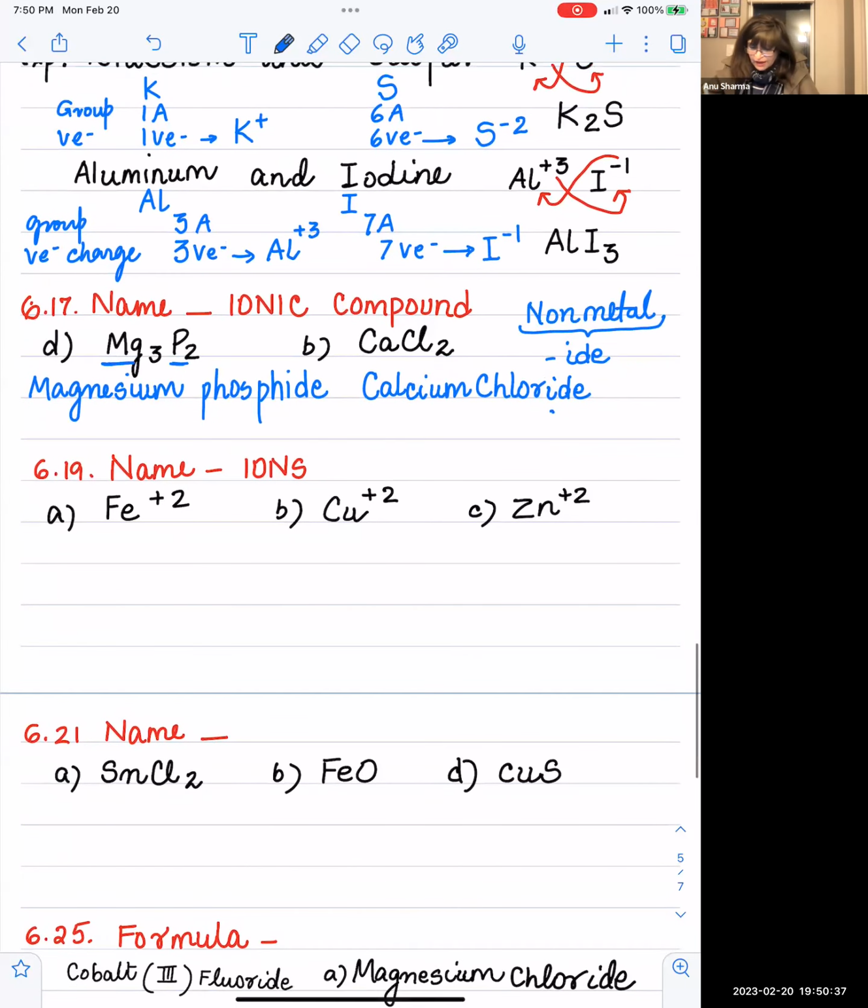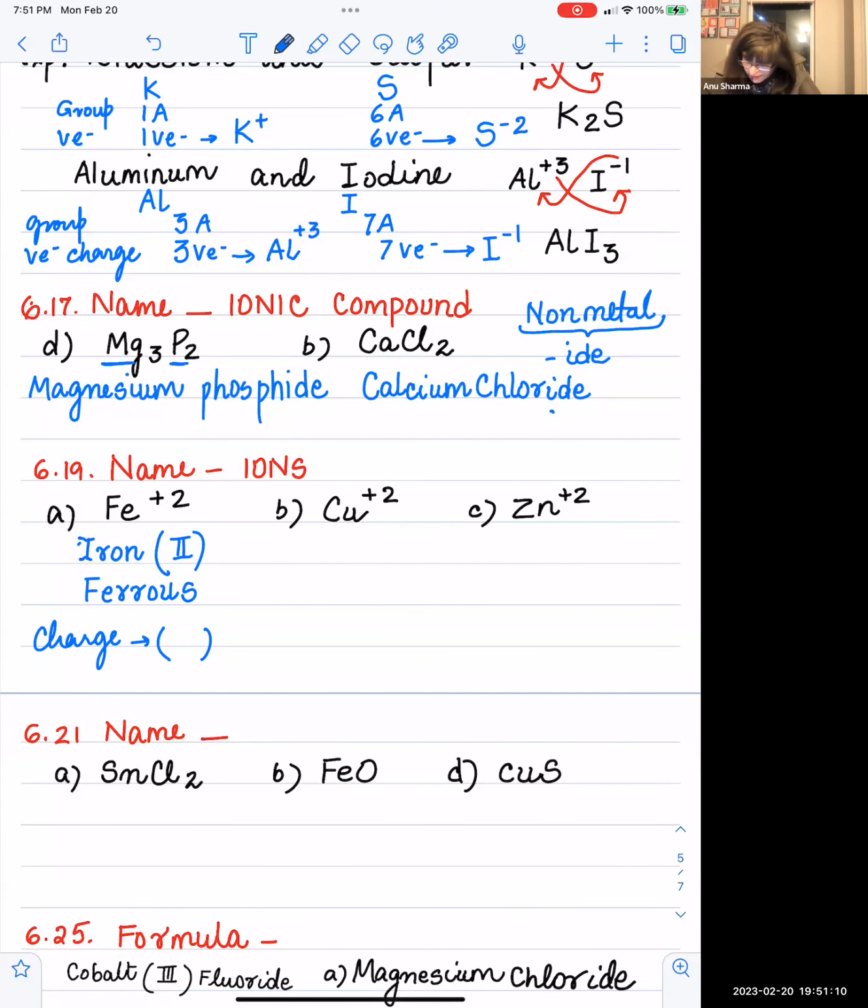Next is name the ions: iron with +2 state. You can write this down as iron, I-R-O-N, and parenthesis 2. The other name is ferrous, F-E-R-R-O-U-S. The charge goes in the parentheses, and that represents the valence state, or the oxidation state.